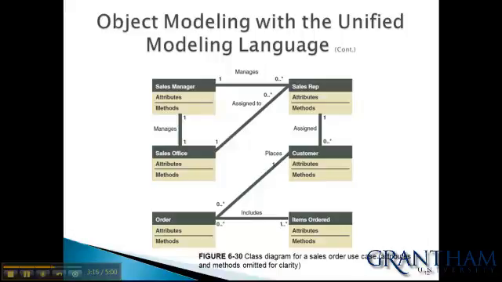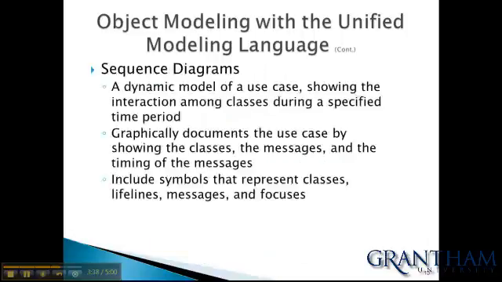We also see that one sales rep can work with multiple sales offices, and one sales rep can have multiple customers, and each customer can place multiple orders that can be included in the invoice, the items ordered.